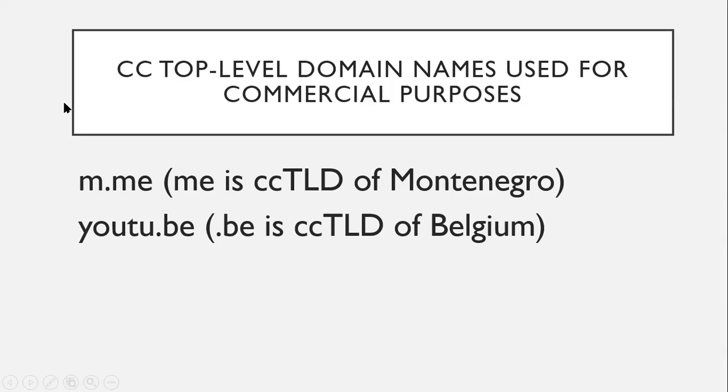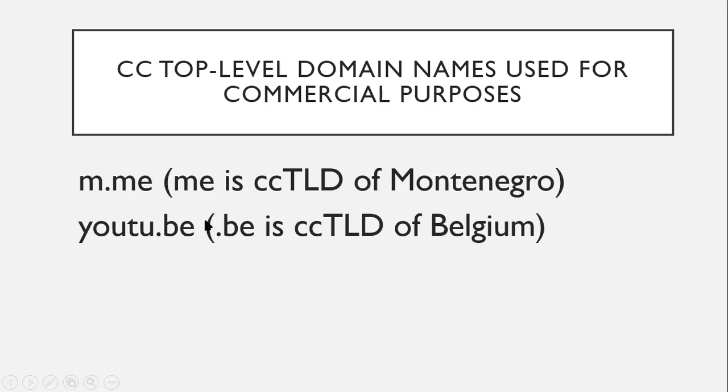So some companies like Facebook, binili nila yung .me na domain, or bumili sila ng domain from Montenegro, which is ME. Their top level domain is ME. You can do that. As well as YouTube, bumili sila ng domain from Belgium, which is .be, the ccTLD of Belgium.